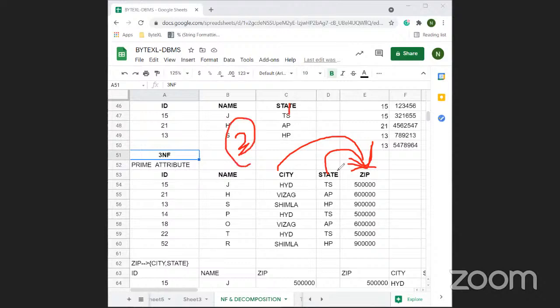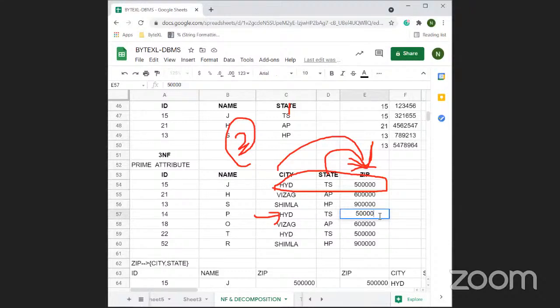First problem, this table: if anybody is joining in this organization, or a student from the same zip code, I have to type everything again from the beginning. Suppose I am making an error. Why are we learning all this? Of course for infyTQ, but why these concepts have been developed is to reduce the number of errors.